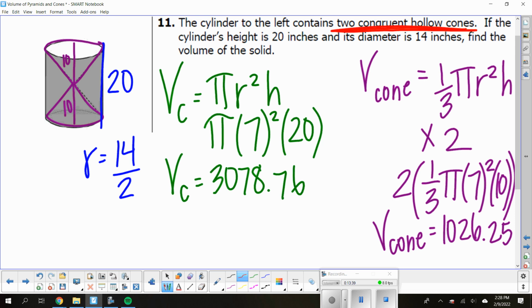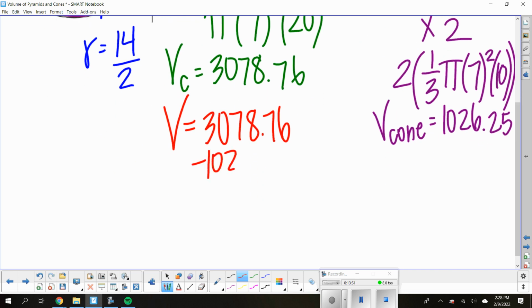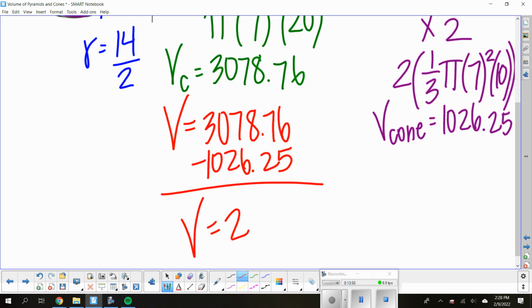That means that the cones are empty, which means we are going to want to subtract our cones. So I'm going to subtract for a grand total volume of 2,052.51 inches cubed. All right, make sure you bring any questions you may have to class tomorrow.